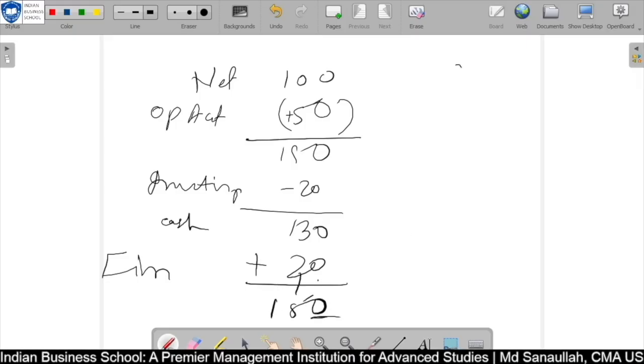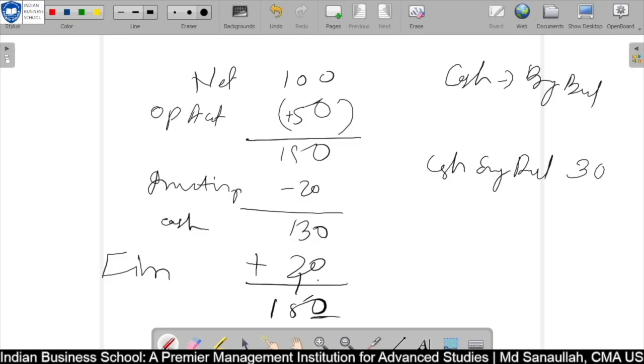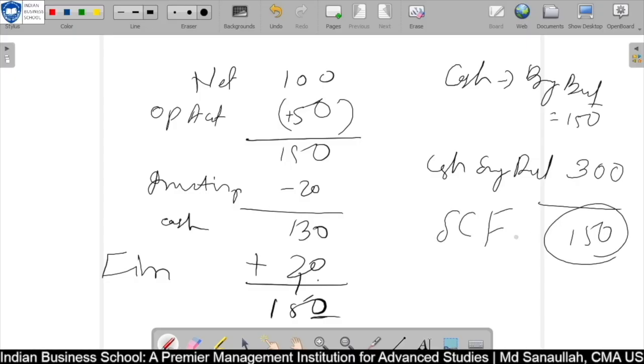So we'll check your balance sheet: cash beginning balance and cash ending balance. Your cash ending balance may be 300 and your cash beginning balance was 150. So 300 minus 150 would be 150. This is what your cash flow is saying. This is very important whenever somebody asks how we can check whether the prepared cash flow statement is correct or not.